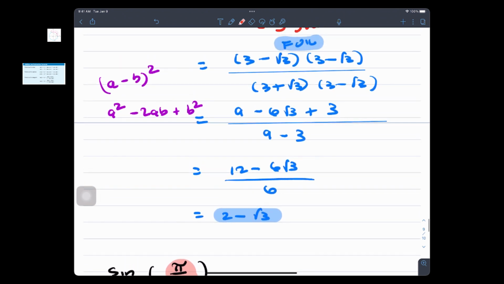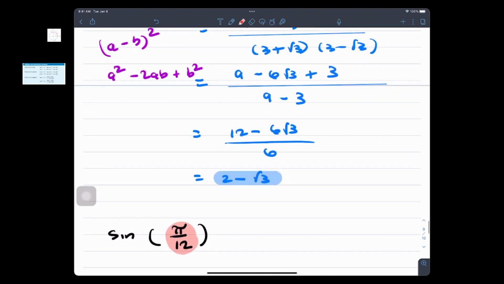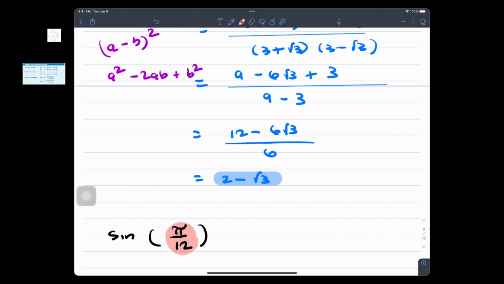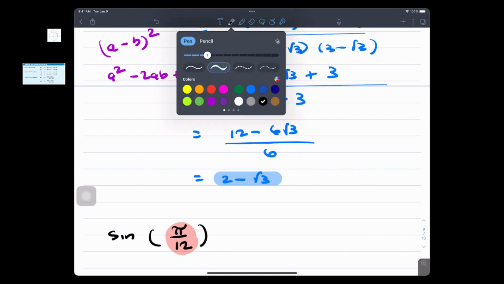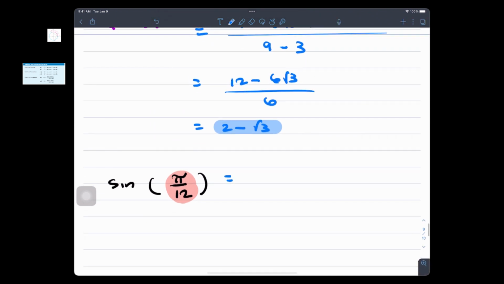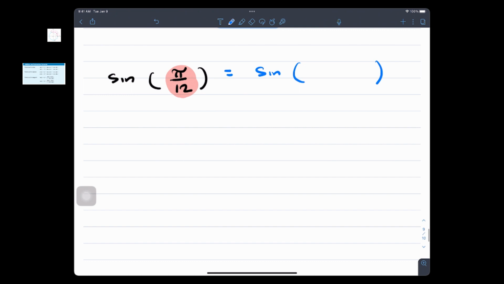You have this here. What is pi over 12 in terms of degrees? Maybe you want to convert. Do you guys know what pi over 12 is as a degree angle? Huh? What's pi over 12?